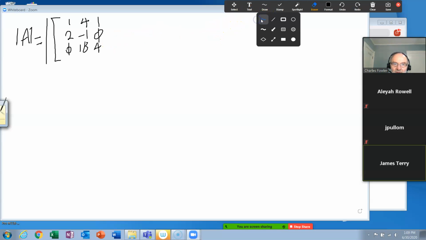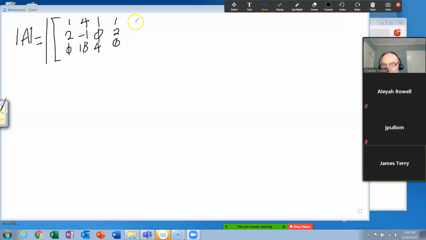All right, let's repeat the first 2 columns. 1, 2, 0, and 4, negative 1, 18. The only thing messy about this is that big number 18 down there, but I think we can live with it. Let's see what happens. Let's do our down diagonal here, and what do we get? Negative 4.